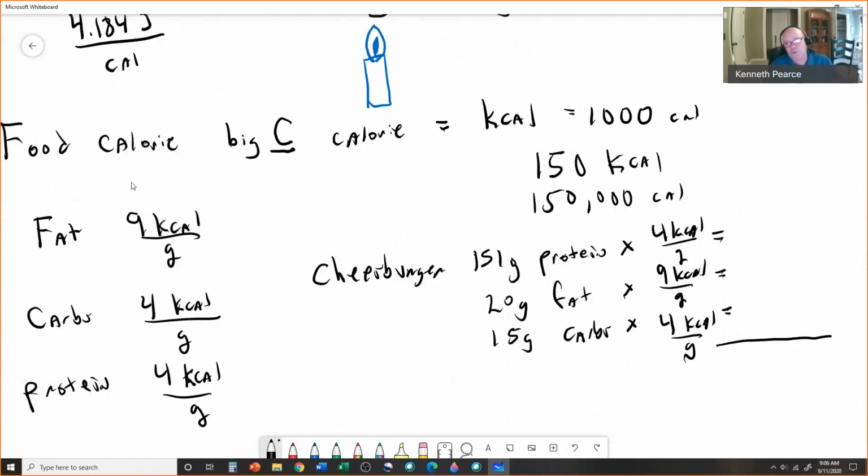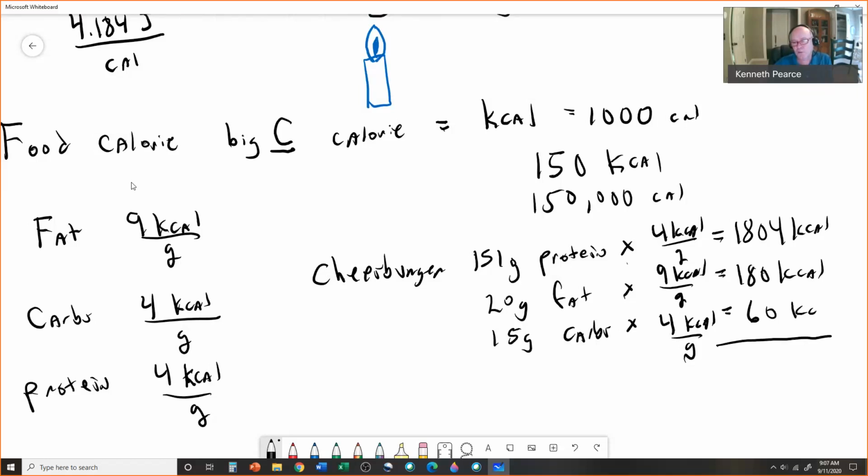So I'm going to go ahead and put this in my calculator. Say 451 times 4, and that gives me 1804 kcals for the protein. Now we have 20 times 9 for the fat, and that's 180 kcals. And we have 15 times 4 for the carbs, and that's 60 kcals.